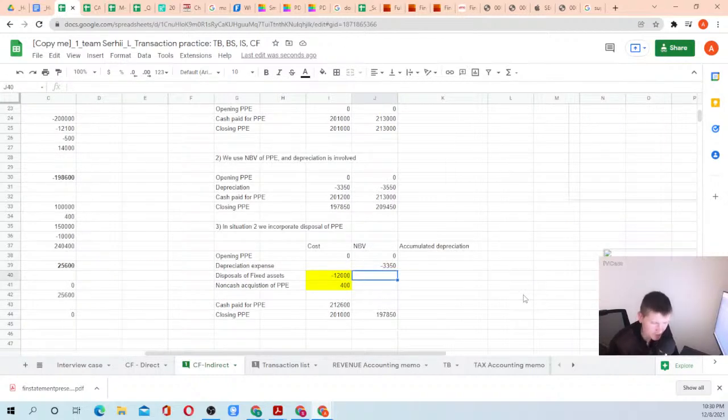Now, what do we do if we use net book value and we have accumulated depreciation? So it was obviously 0 here. Accumulated depreciation increased with, do we keep it negative or positive? Let's keep it negative. It's a credit balance anyway. So accumulated depreciation increased here.